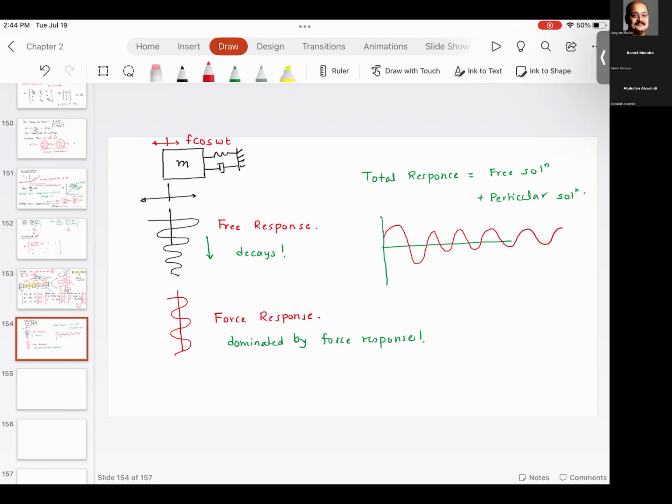Now you will also come across the concept called the convolution integral. Convolution integral is nothing but another way of finding the response of the system.